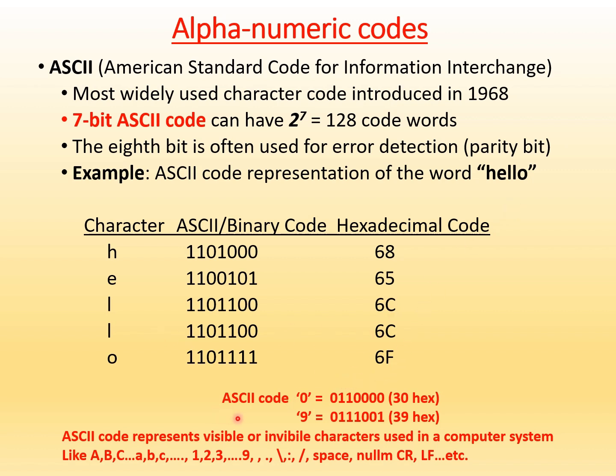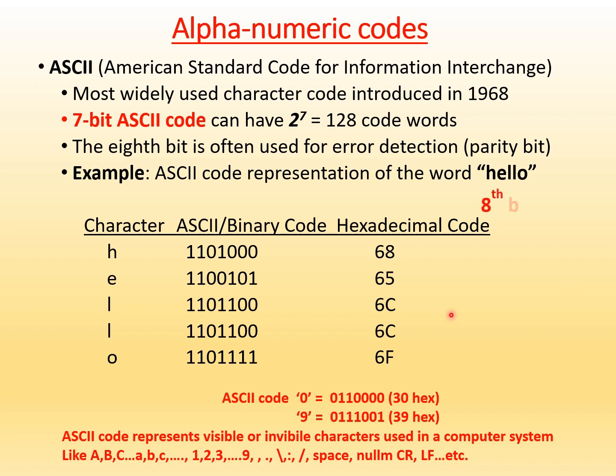The number 0 also has an ASCII representation, but right now it is not the number 0, it is the character 0, and it is 30 in hex, and 9 is 39 in hex. All other punctuation marks and invisible characters like space, null, carriage return, line feed, etc., all have some representation in the ASCII code.